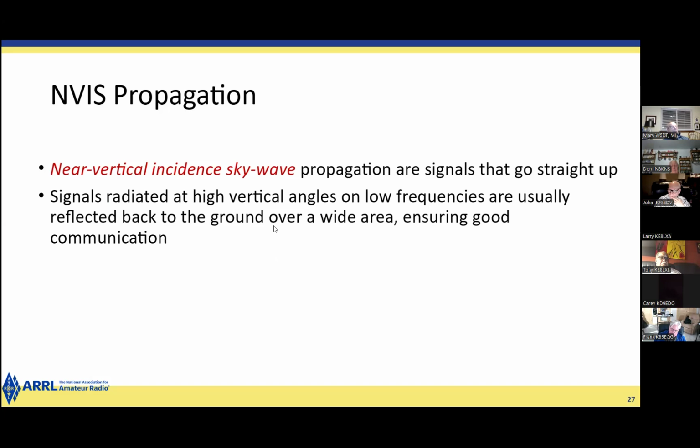The military uses a lot of NVIS antennas because obviously when they're out in the field, they want to be able to operate within a limited area. They don't necessarily want to be talking 2,000 miles away.